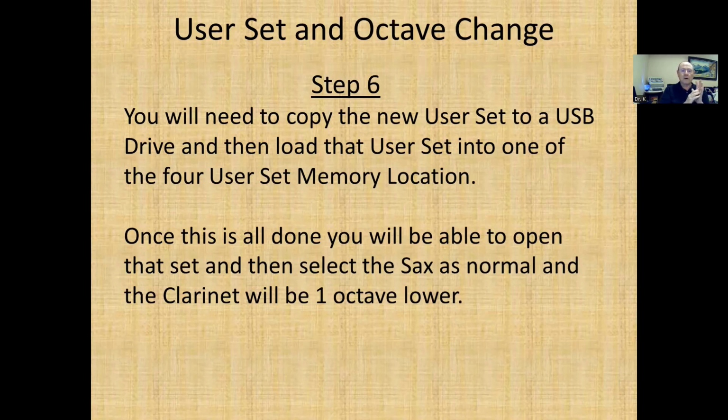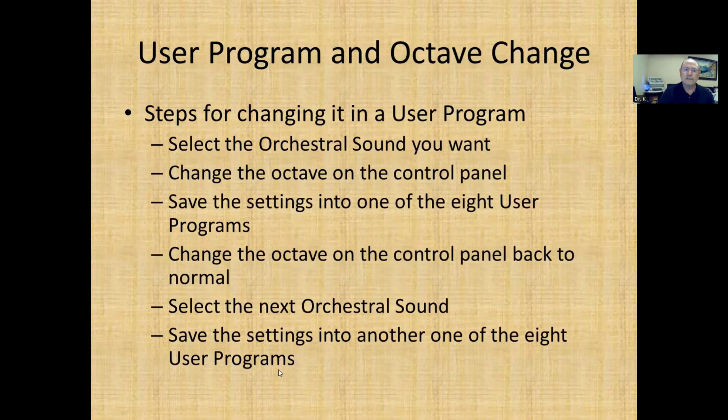Once all that is done, you'll be able to open that set. If you put it in U1, you'll be able to go to set U1, you hit orchestral, your tenor will be normal, your clarinet will be, well, in this case, up instead of down 1. That's how you do it.